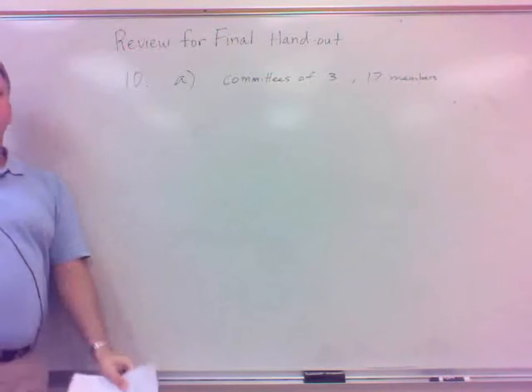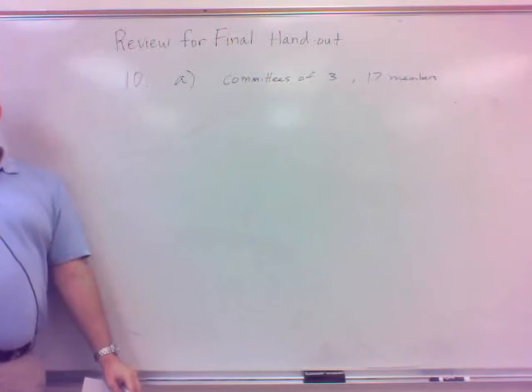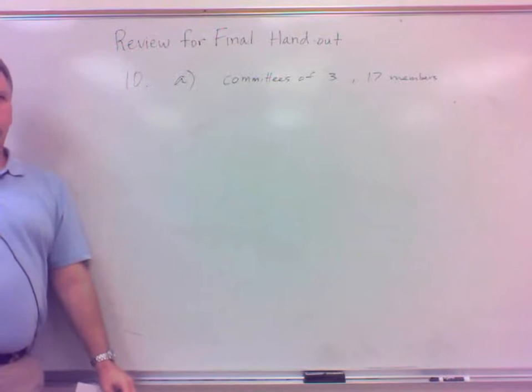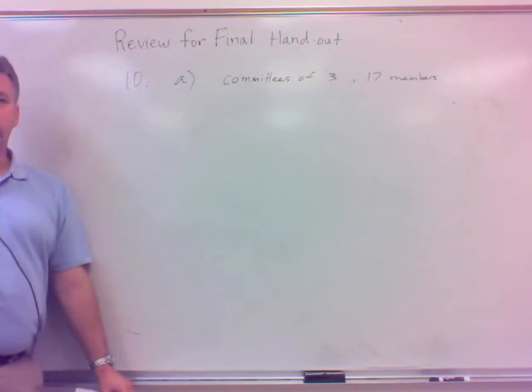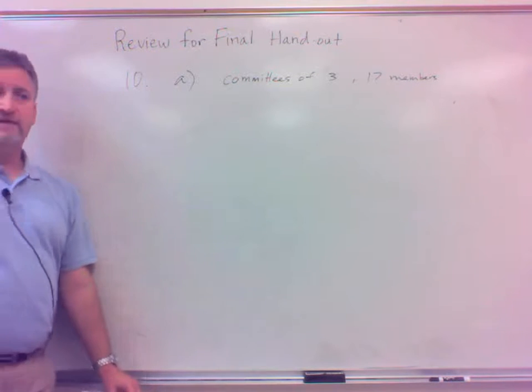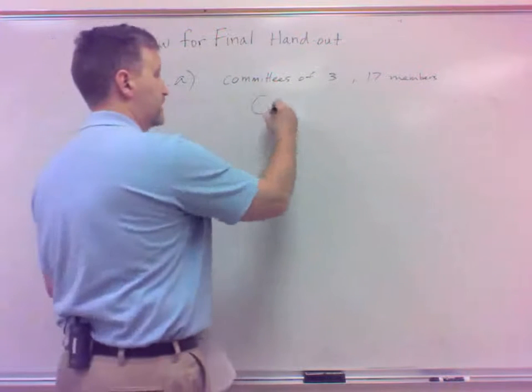Well, the thing you ask on these counting problems is, is it a combination, or if it's not a combination, I use the blanks, right? How is it a combination? It's a combination if order doesn't matter. And on committees, ABC is the same as CBA, isn't it? It's the same committee. So order doesn't matter, and yes, it is a combination.